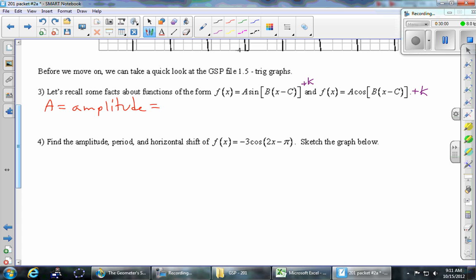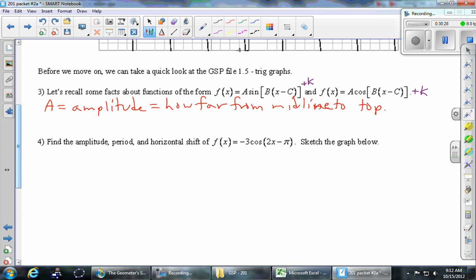If you know how high it is between the max and the min, the total distance, amplitude is half of that. Todd, what were you saying? So it's how far from the midline to the top, or to the bottom. And that's equivalent to Joe's definition.